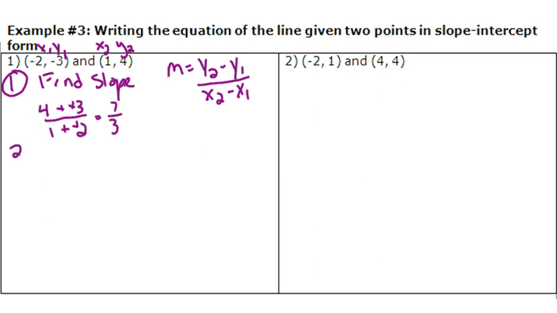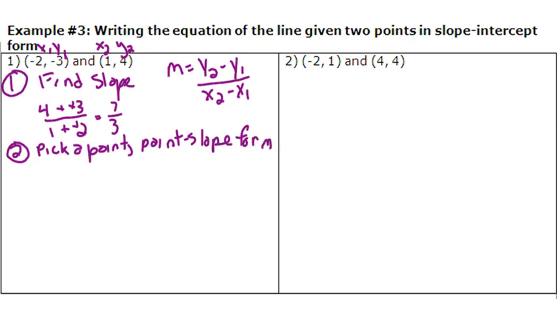Your next step is to pick a point and then write it in point slope form. In our other examples, we were only given one ordered pair, so we had to use that one. If you're given 2 points, you just pick one.